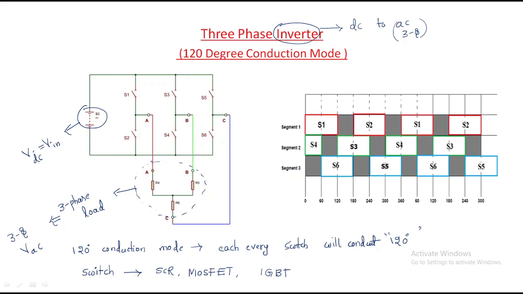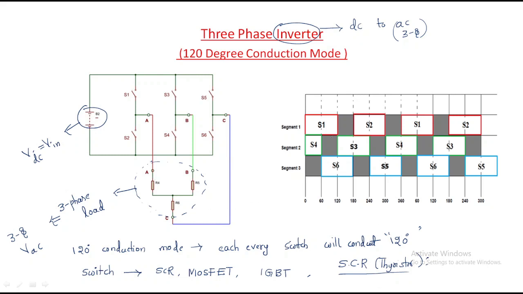By giving triggering pulses, they will operate. For example, generally in this circuit we are considering the SCR, another name for which is the thyristor. Whenever it is given the triggering pulse, it will conduct. Otherwise, it doesn't conduct.